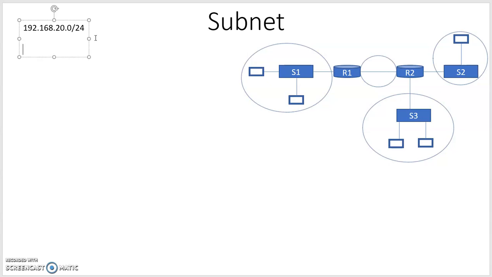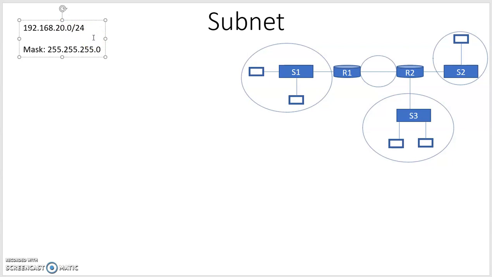It means the first 24 bits of this address are the network portion. So if I ask what is the mask of this network, it's 255.255.255.0. That's equivalent to saying /24, meaning the first 24 bits of the 32-bit IP address.